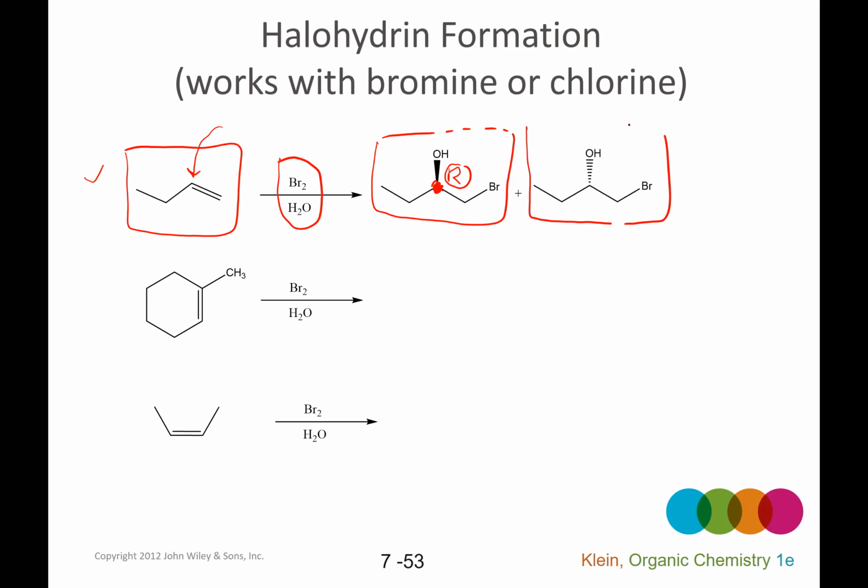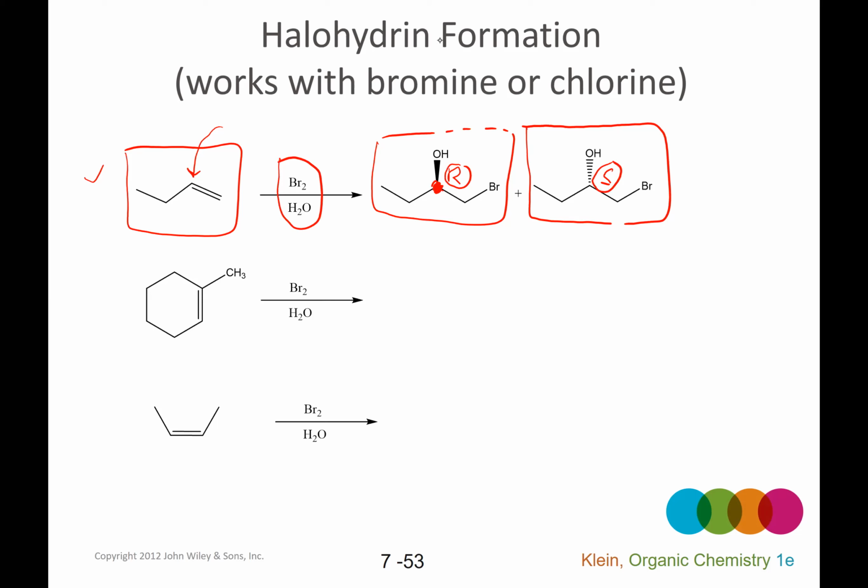So that's exactly what happens. You form a racemic mixture, 50% of the R bromohydrin and 50% of the S bromohydrin. That's why both products are shown. Okay? So let's look at the next example.